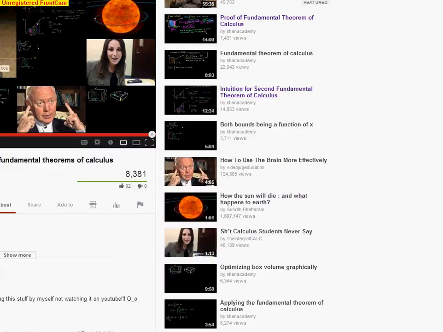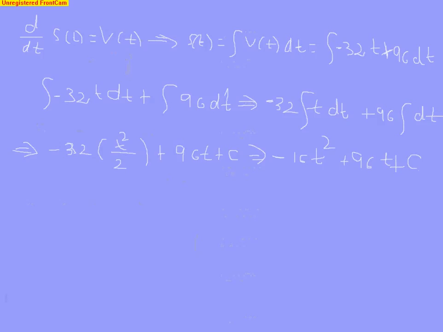The next thing we will do is evaluate the position function that we just found at time equals 0. We already know the answer because earlier we said that it was thrown from a 100 feet high building. So at time 0, the position was 100 feet above the ground.